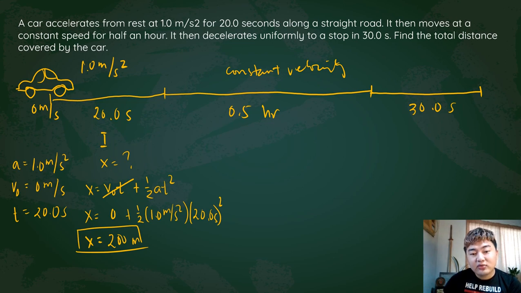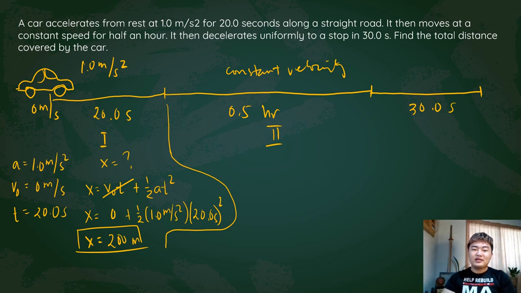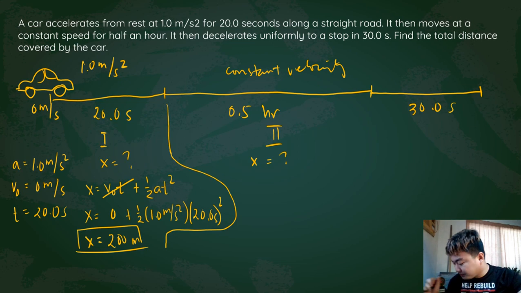Now let's go to stage 2. Let's make a division there so that we don't get lost. For stage 2, we still need to solve for the displacement. Since it's constant velocity, before we can proceed with the solution for stage 2, we need to know the velocity of that car.